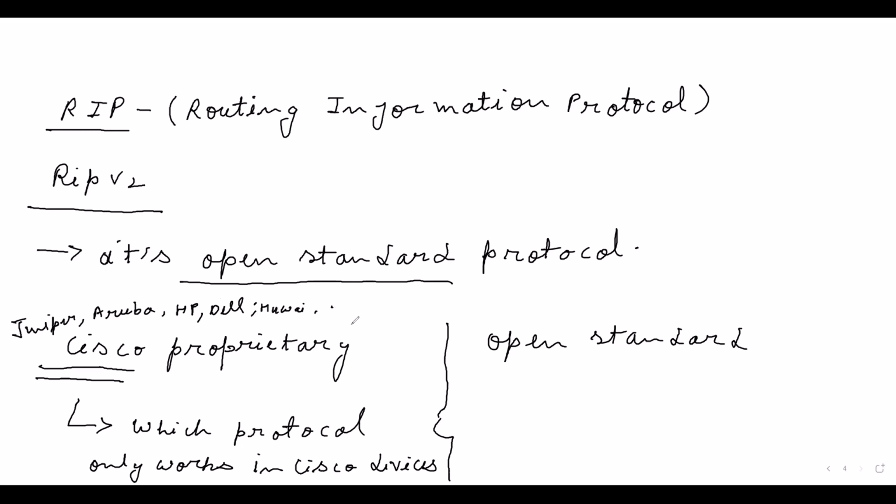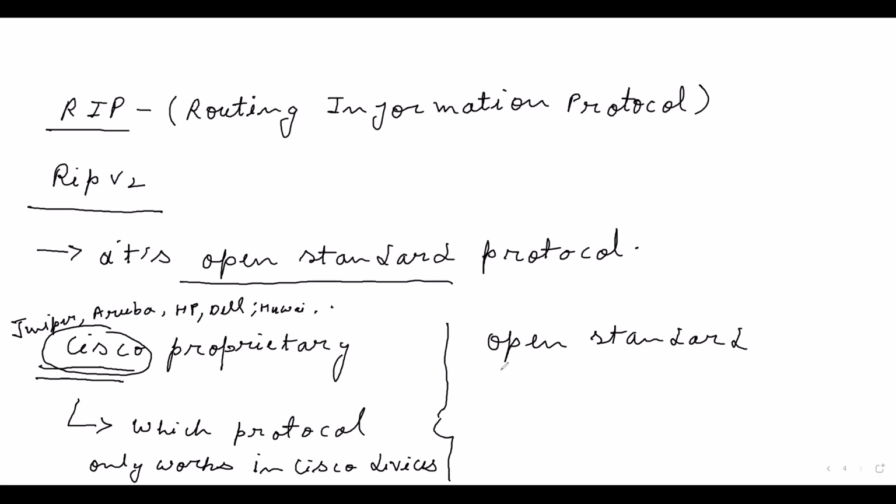I cannot even write all the names. I told you the main ones: Juniper, Aruba, HP, Dell, Huawei, and Cisco is the global leader. If I say a protocol is Cisco proprietary, you have to understand that it can work only on Cisco devices. Other devices like Juniper, Aruba, HP, and Dell cannot use it.